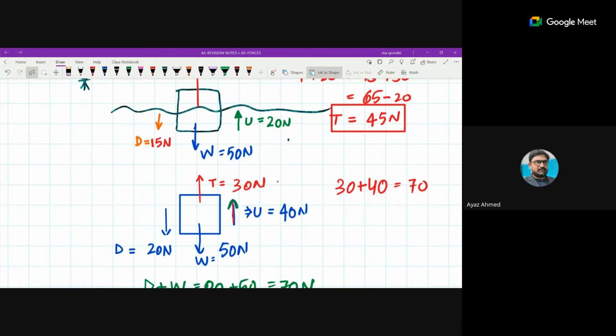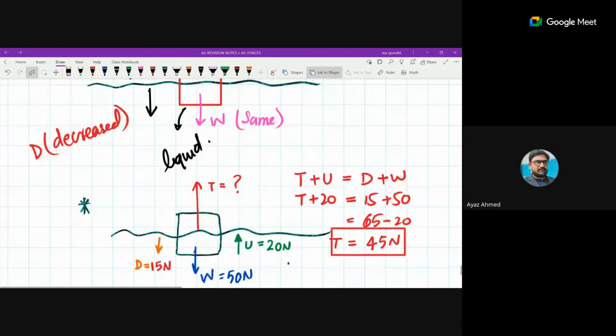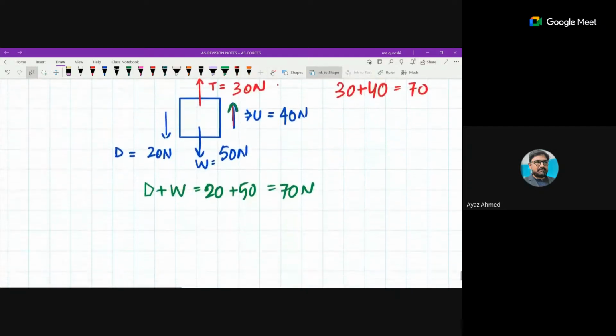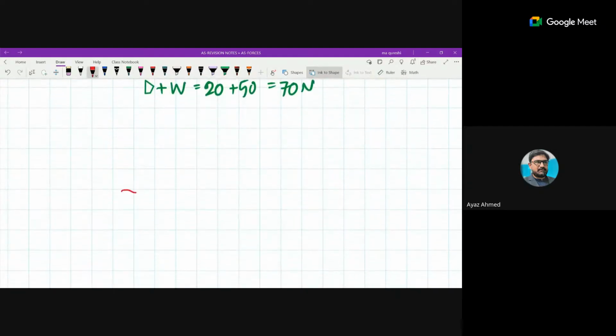And finally, when the object is fully out of the liquid, the highest tension will be at what point? When the object is out of water. You know why?